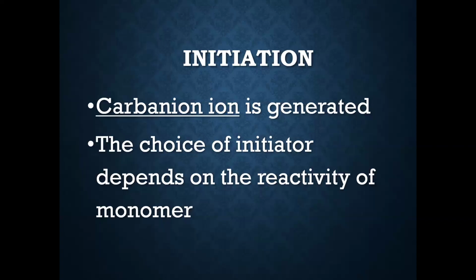For the carbonium ion to be formed, the positive ion, in the cationic polymerization, the choice of the solvent is very, very critical because we need a solvent which is not nucleophilic, so it couldn't trap the positive ion or the carbonium ion of the reactive monomer. Here in the anionic polymerization, the critical factor is the initiator.